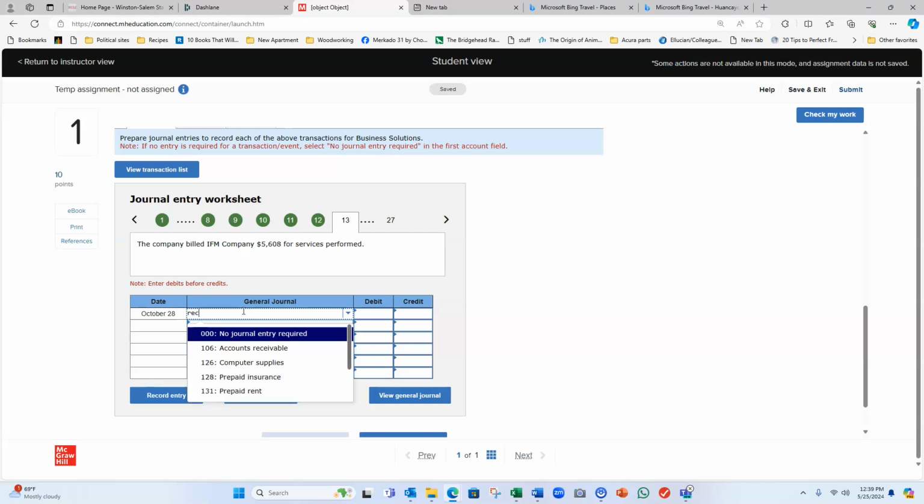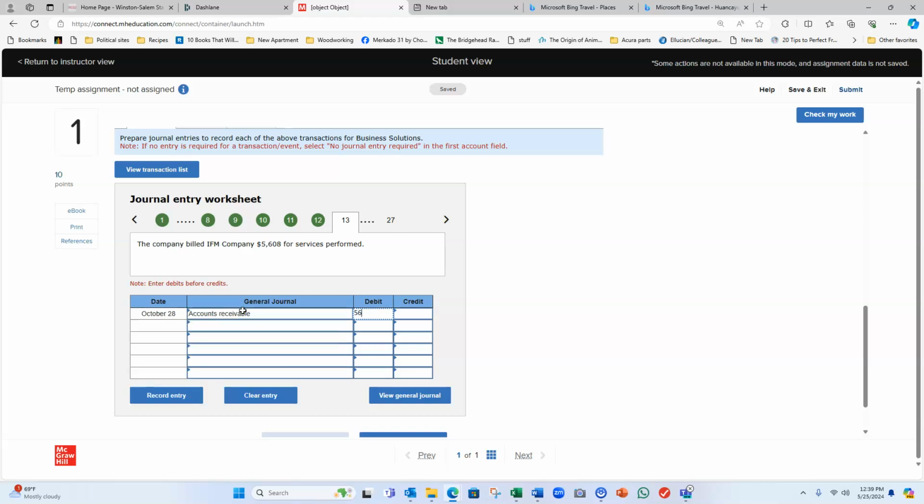Again, that's going to be receivables, debit for $5,608, and computer services revenue $5,608, just like one we did before. So now you're starting to see these things repeat. We debit the receivable, the asset, increasing the asset and the left side of the equation, credit the equity account, the revenue account, increasing the right side of the equation.